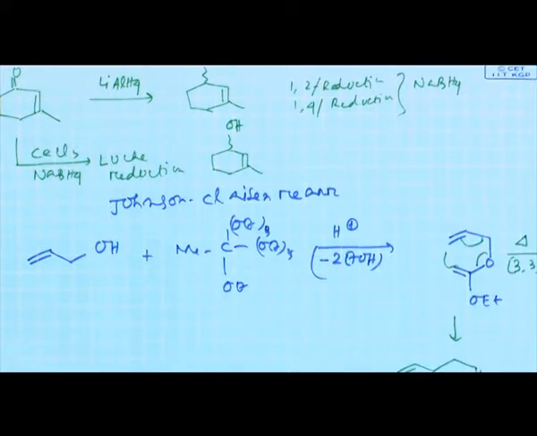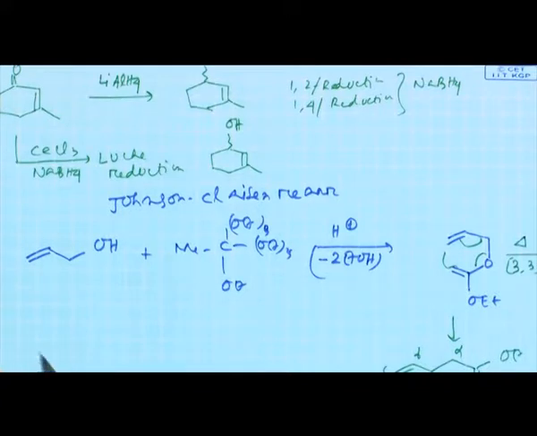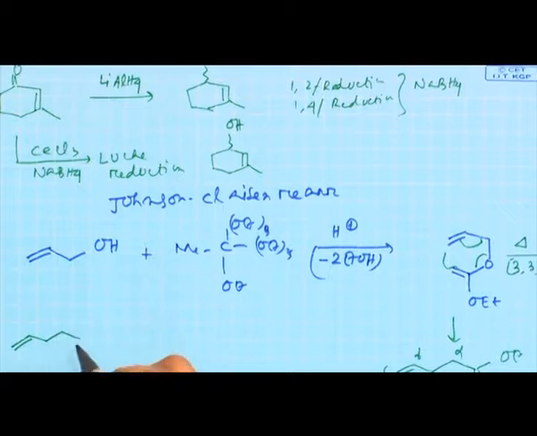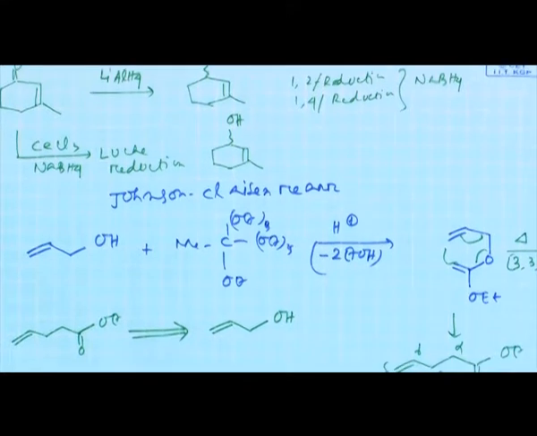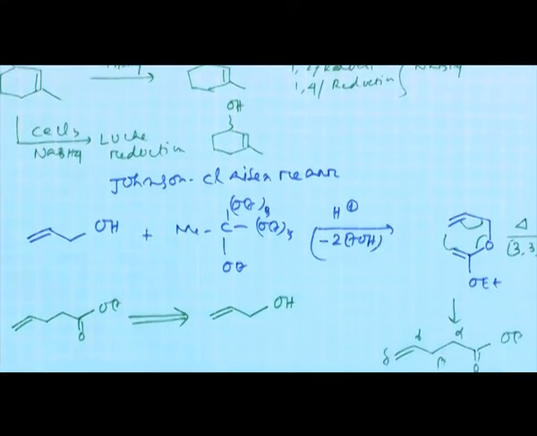Then you get a compound like this, which is alpha, beta, gamma, delta. Whenever you have an alpha, beta, gamma, delta unsaturated compound, you can straightforwardly do a retro based on the Johnson Orthoester Claisen rearrangement. That is the basic transformation you are looking for.